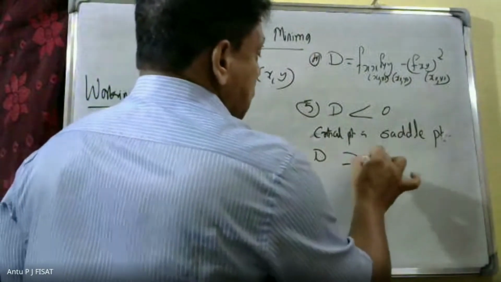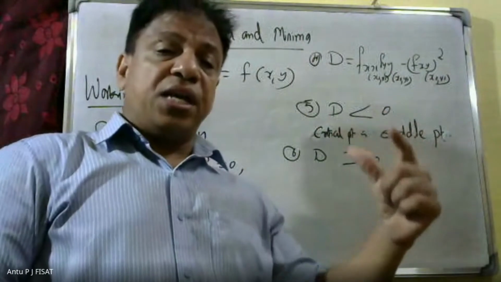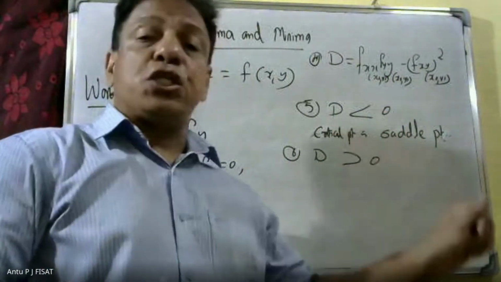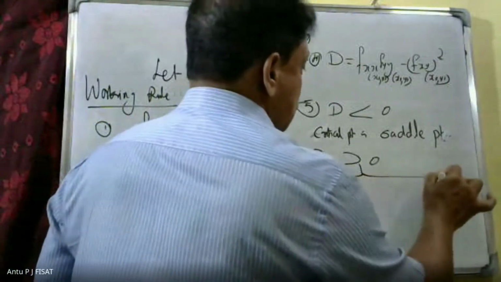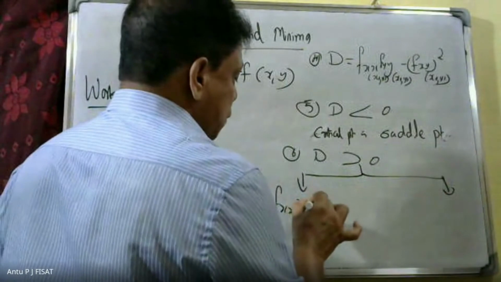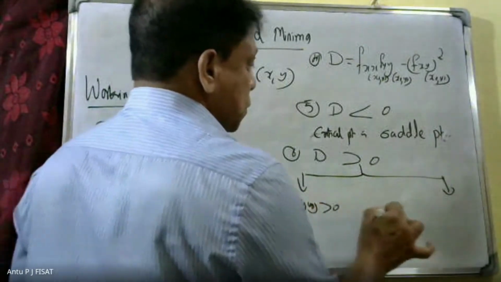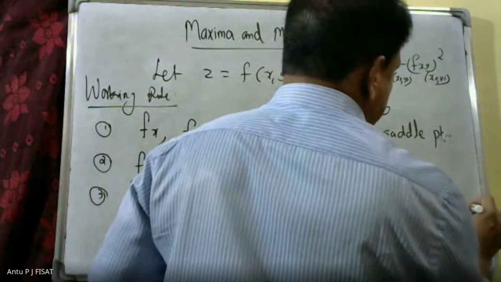D greater than 0. When we calculate D, if D greater than 0, we take two cases, case 1 and case 2. Case 1, fxx(x0, y0) greater than 0; case 2, fxx(x0, y0) less than 0.